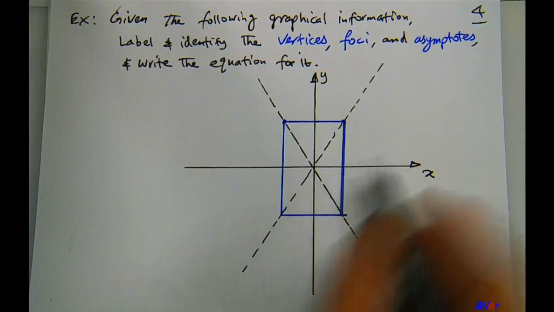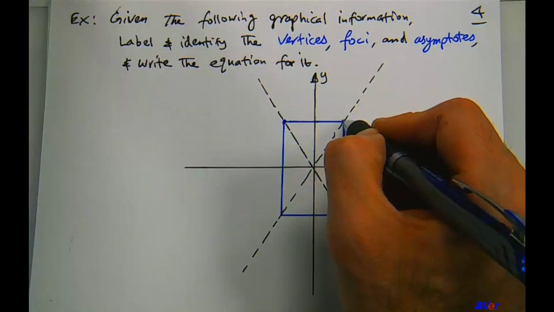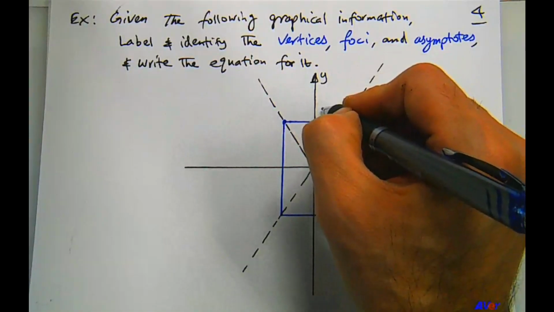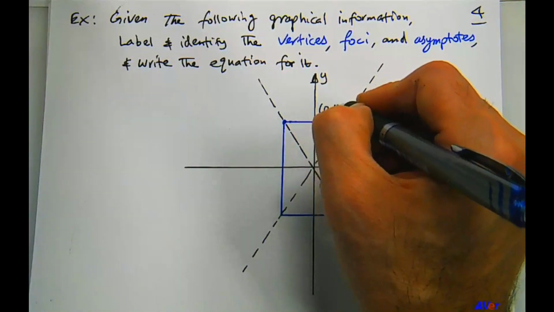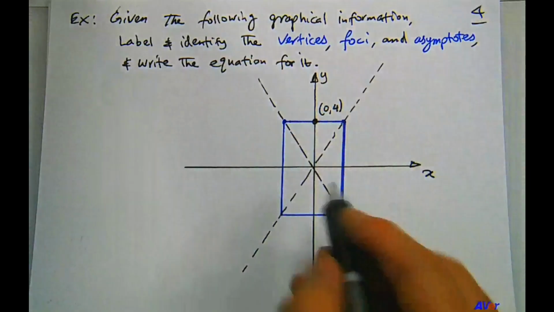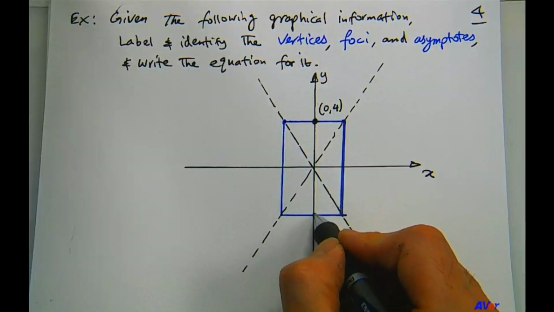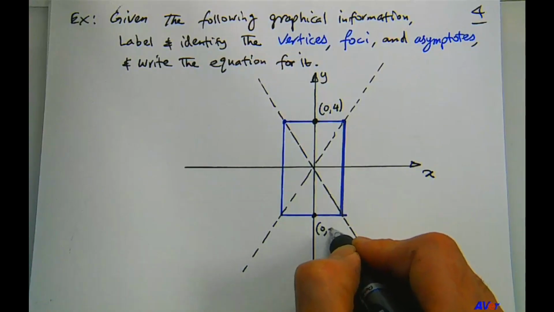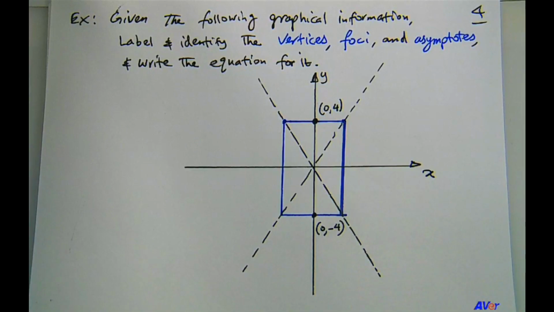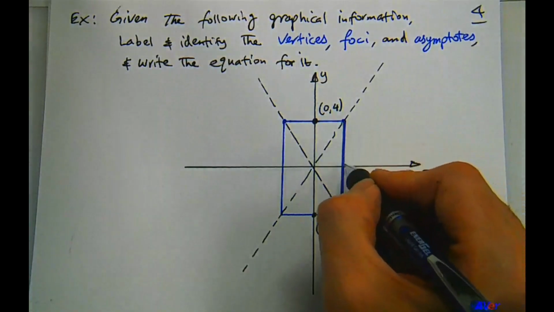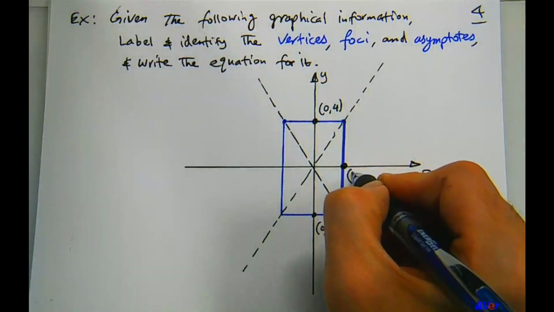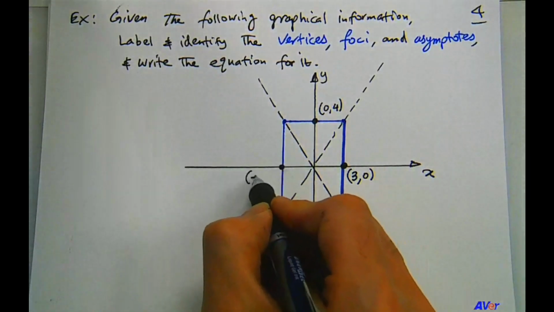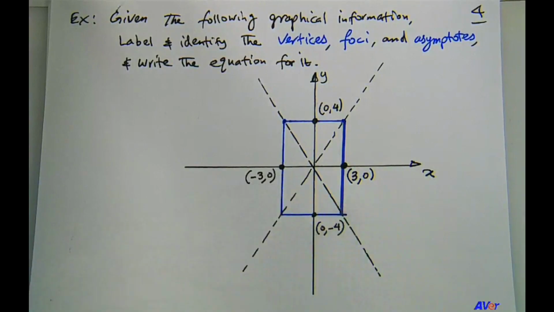We are told that this point is 0, 4. Therefore this point would have to be 0, -4, right? We are told that this point is located at 3, 0, and this point is located at -3, 0.